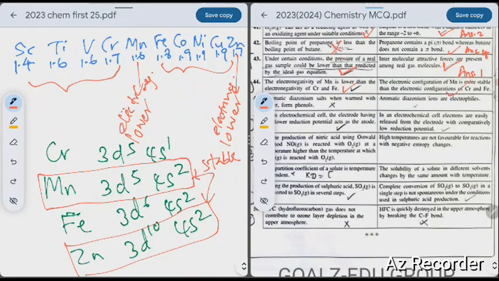Yes, the manganese electronic configuration is more stable than chromium and iron. That's why the electronegativity of manganese is lower. So the second gives the reason for the first statement, and both are correct. Therefore, we can go with answer 1. Next, 45th question.